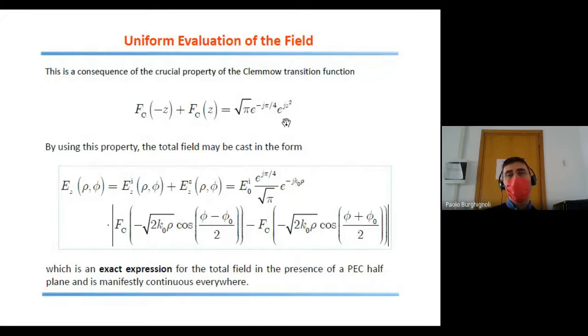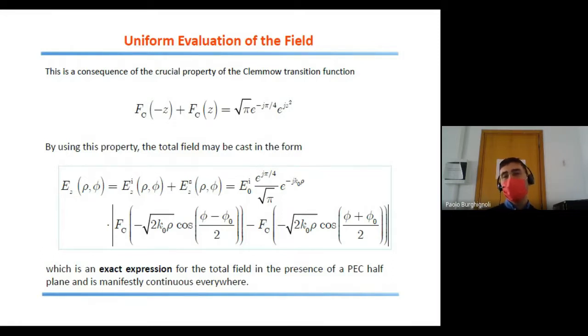And so if you employ this property as in this box, where now the expression, so we have removed any unit step function. Okay. So basically, the uniform evaluation has removed the discontinuities.